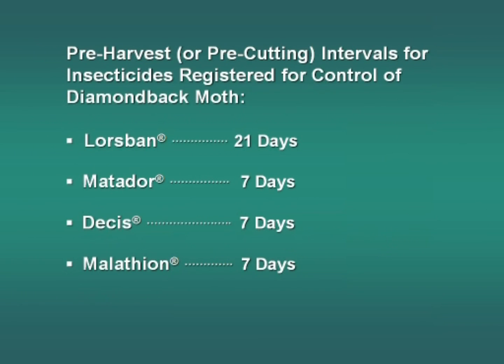And here are the pre-harvest intervals for the 4 products that are registered. The pre-harvest interval or pre-cutting interval for Lorsban is 21 days, and much less for Matador, Decis, and Malathion.